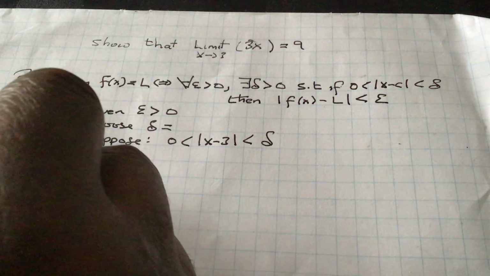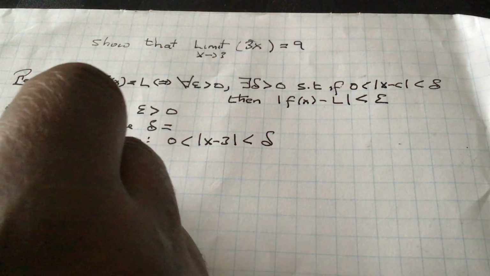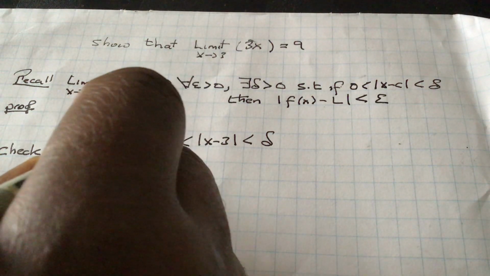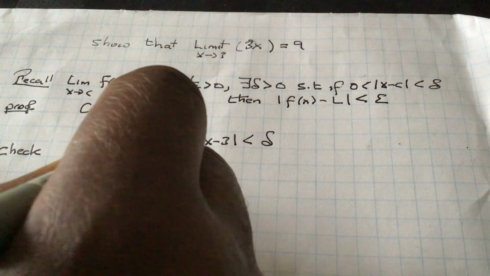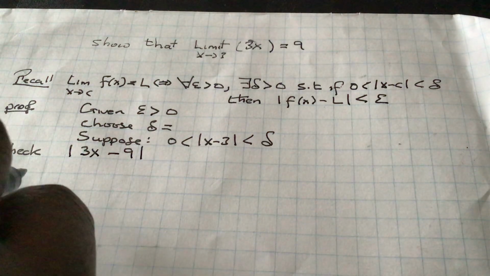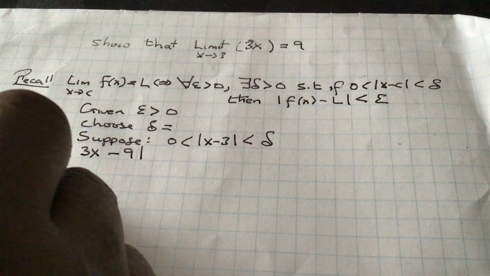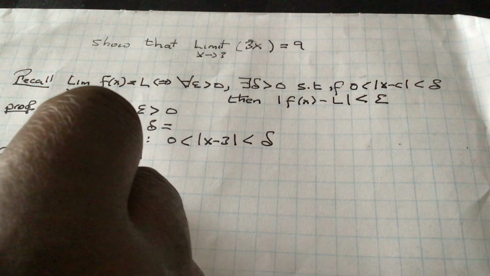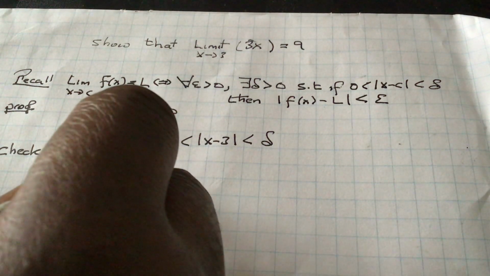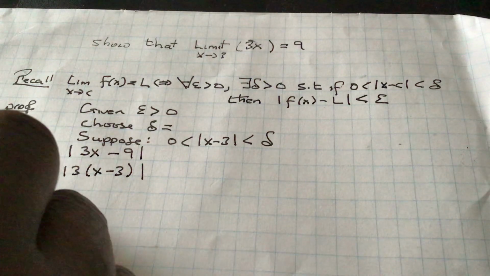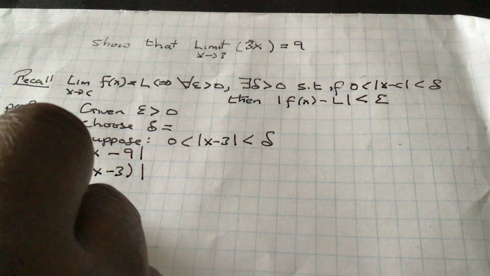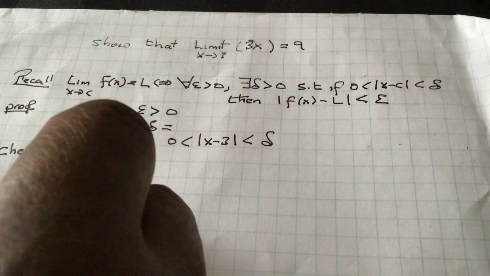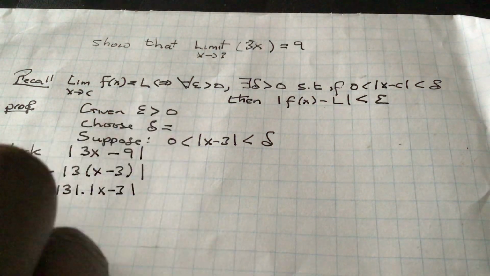So we begin by saying the absolute value of 3x minus 9. This is equal to, factoring out the 3, the absolute value of 3 times x minus 3.